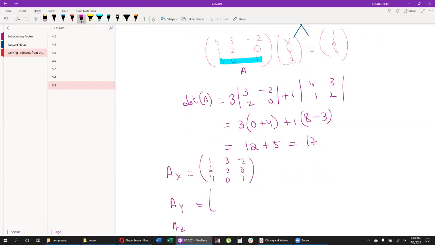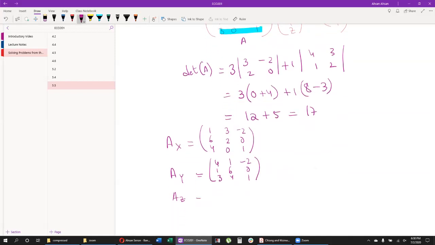AY is going to be, first column remains the same, replacing the second column, and AZ is going to be 4, 1, 3, 3, 2, 0, replacing the third column, 1, 6, 4.